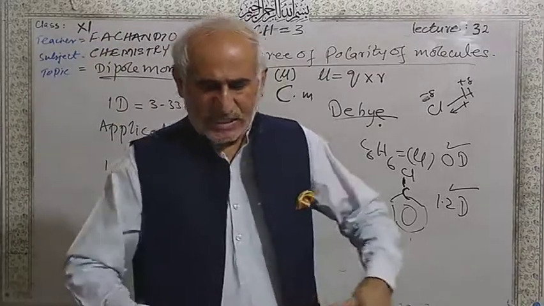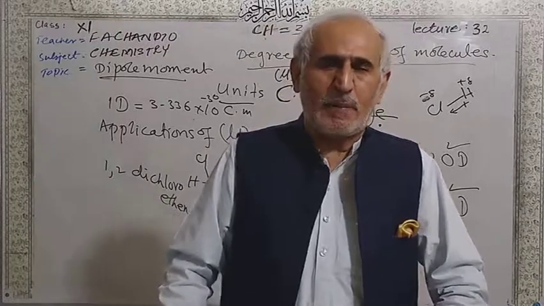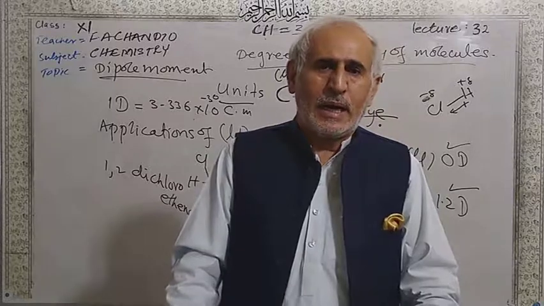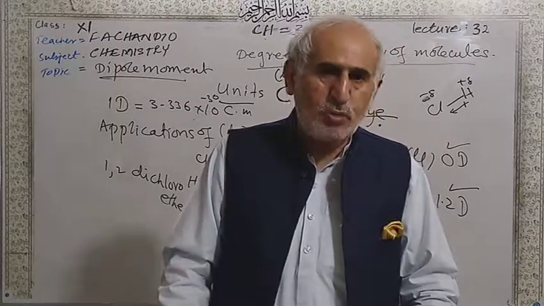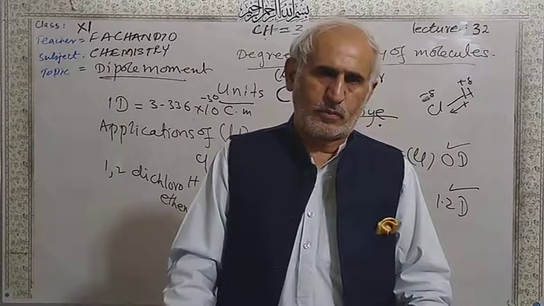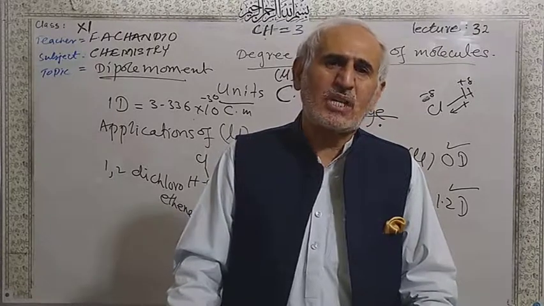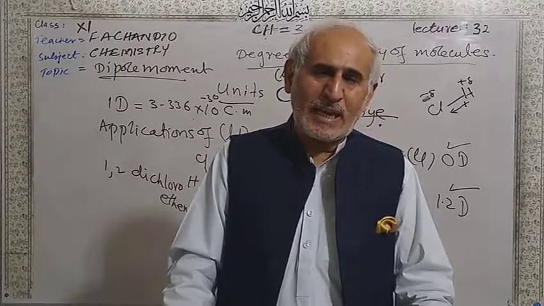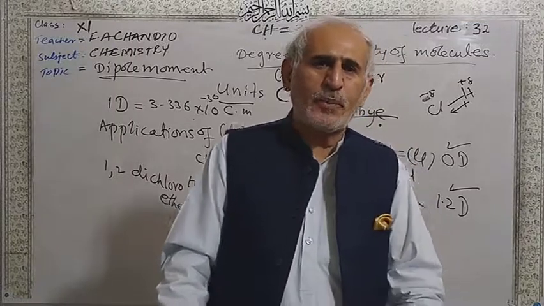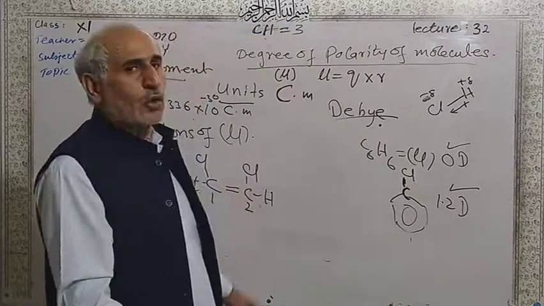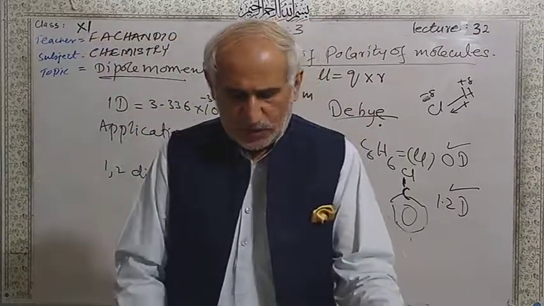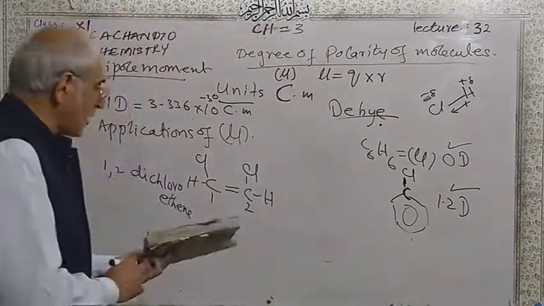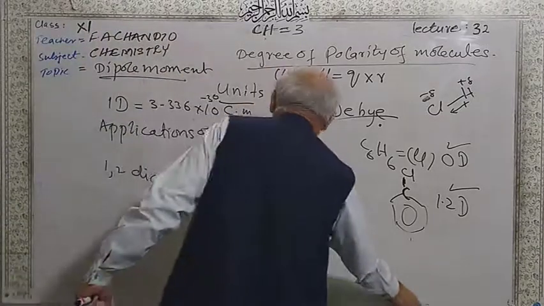In stereochemistry, stereoisomerism, we have many kinds of isomerism, and one of them is called geometrical isomerism, cis-trans isomerism. The structural formula is the same, but the position of identical groups is different. That is called cis-trans isomerism.